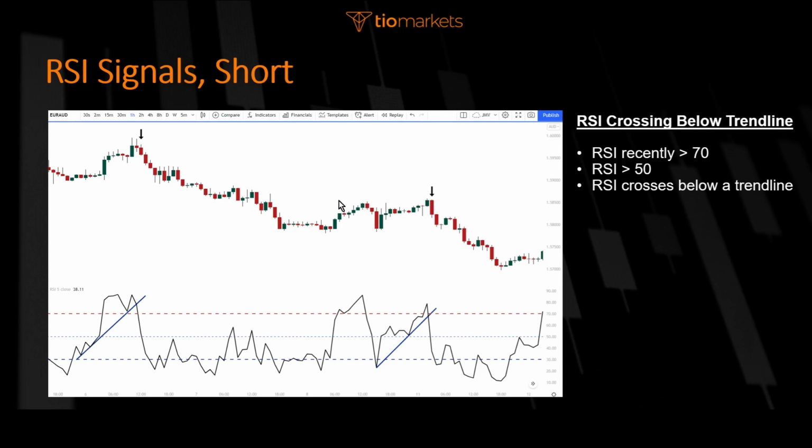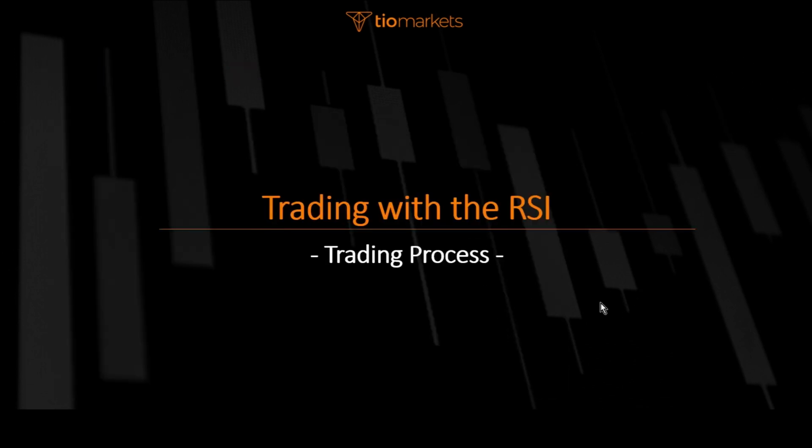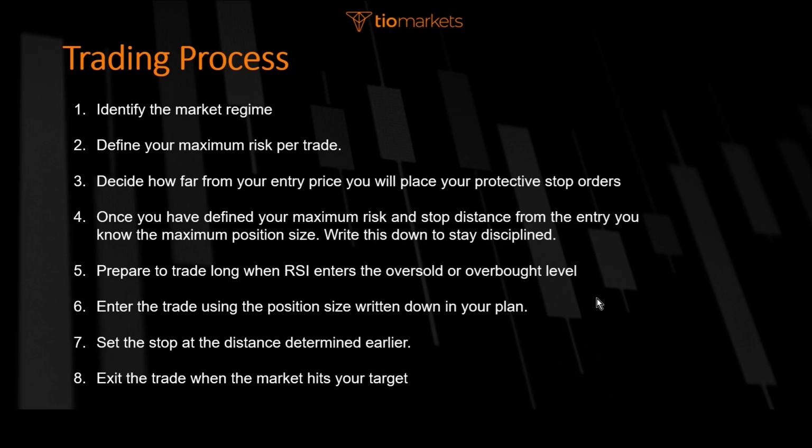Okay, so good. Let's rush to the trading process because we're kind of running out of time here. We can get back to this later and study it in more detail, but I've laid down a trading process for you.